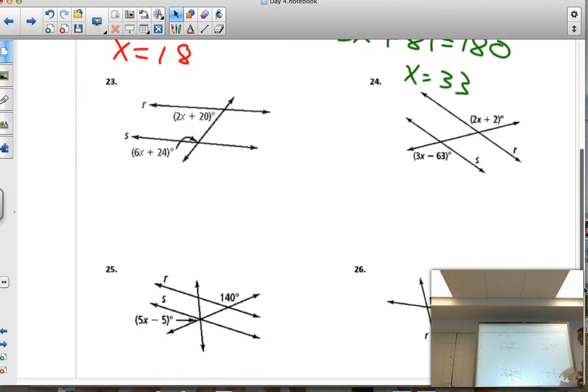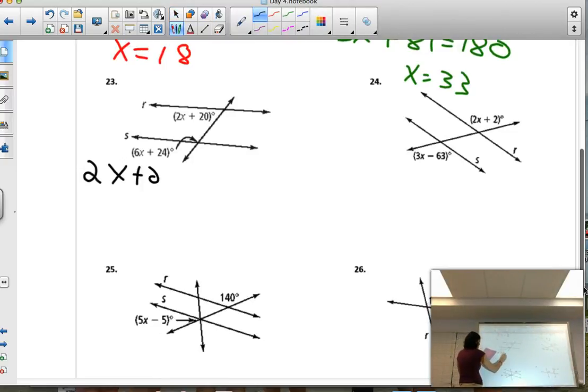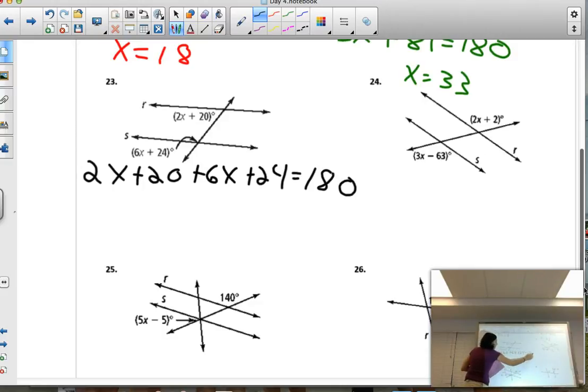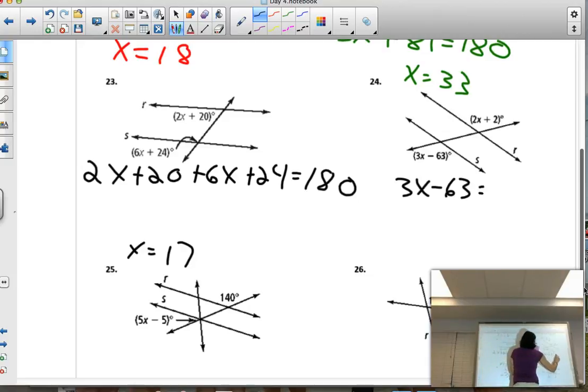Combining like terms. I'm teaching my Algebra 1 kids combining like terms, and they hate it. 2x plus 20 plus 6x plus 24 equals 180. If you don't have these, you need to write them down, and you need to look at these at home. X equals 17. 3x minus 63 equals 2x plus 2.